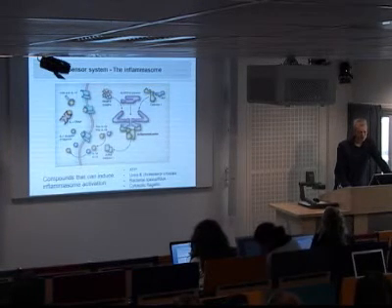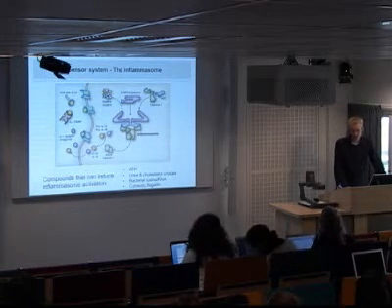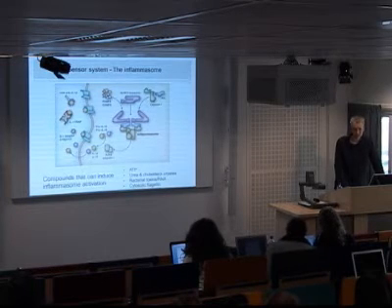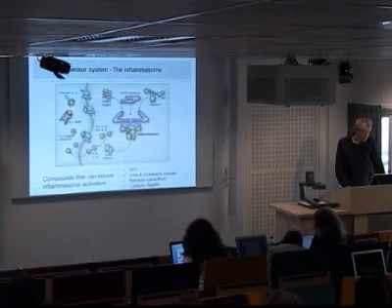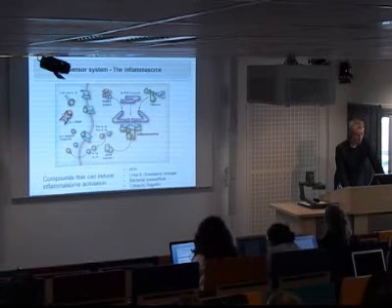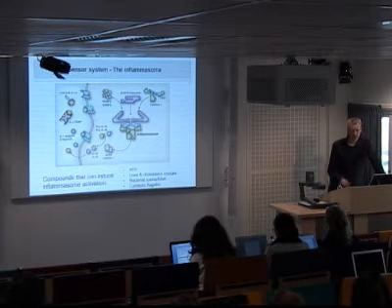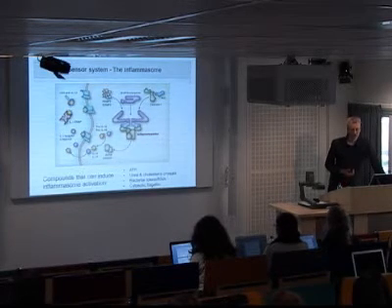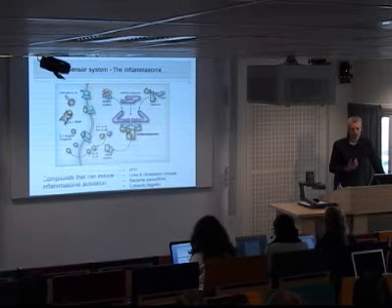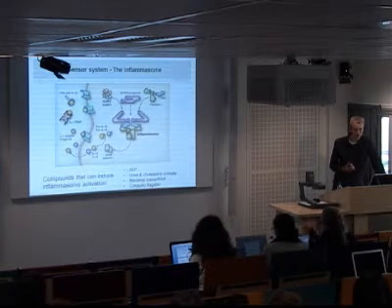Then, apart from the toll-like receptors and the NOD proteins, there's a different type of sensor system which has only been discovered like 5 years ago, which is called the inflammasome. The inflammasome senses other types of dangers. For example, it senses extracellular ATP. ATP is the energy carrier of the body, which is usually present in cells, but not outside of cells.